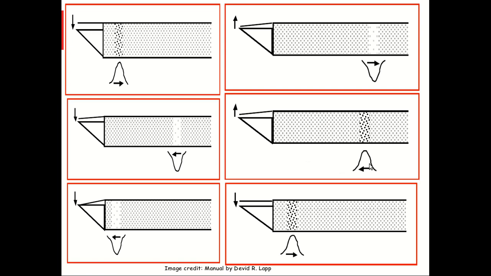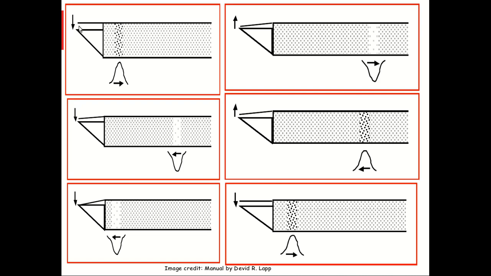Now how does the reed actually work? Let us suppose this is the mouthpiece of a clarinet or any wind instrument with one end closed and with a reed. This thin strip is our reed.